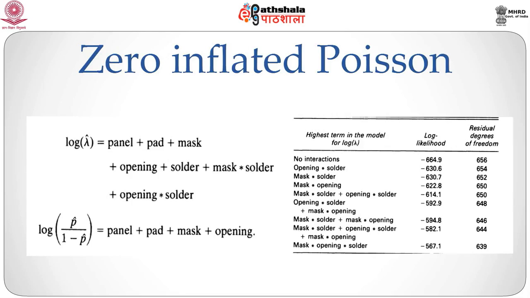The probability of the perfect state is given by the model log of p over 1 minus p, that is the logistic model, equal to panel plus pad plus mask plus opening. Now note that the formula here is written in the sense of an R formula.